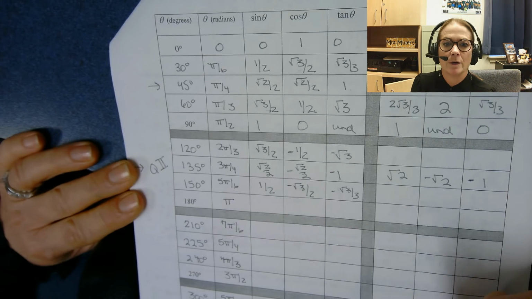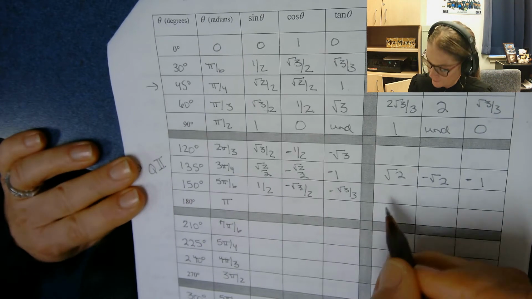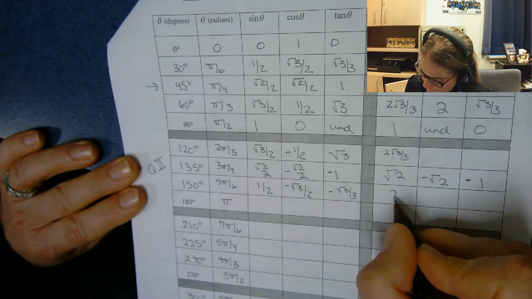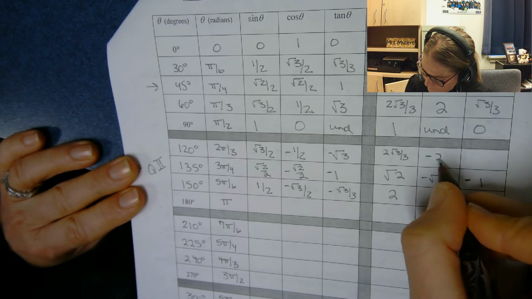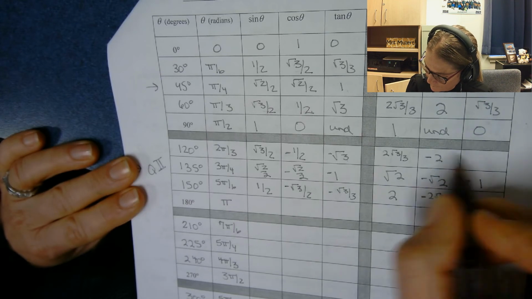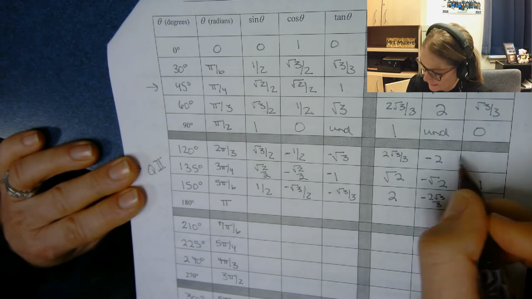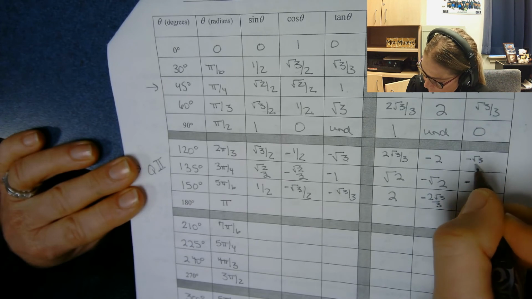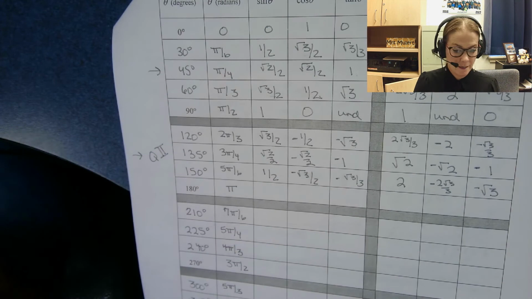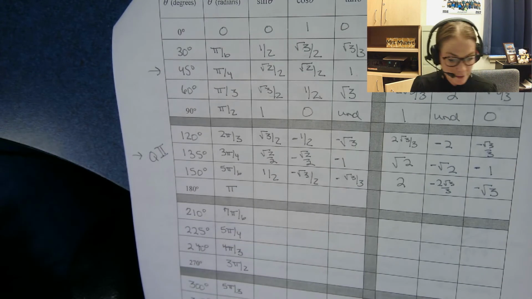Again, that's just a trick. Okay? And now let's reciprocate to root 3 over 3, 2, negative 2 root 3 over 3. That one reciprocates and rationalizes out will be negative root 3 over 3 and negative root 3. All right, looking good here.